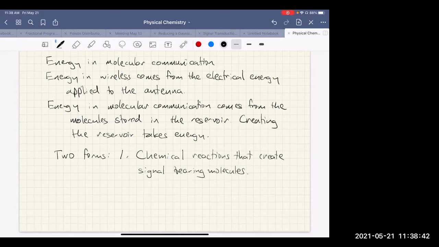Again, if you create this reservoir of N molecules, and for each one there's a chemical reaction that creates it, with an energy E_M, energy per molecule, associated with that, then the total energy required to create the reservoir will be N times E_M. So very simply, energy scales linearly with, if you like, the signal strength or the amount of signal.